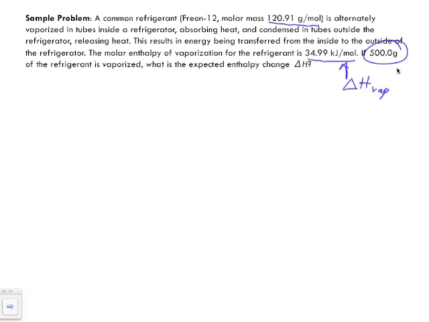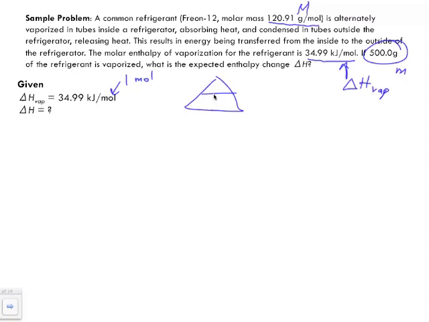So this is our mass. So we've got our mass, we've got our molar mass, we've got this of the vaporization, but remember this here, and let me just write out our givens, this 34.99 kilojoules per mole, we're only referring to 1 mole. Okay, 1 mole of this refrigerant. So what we need to do is, we are being given 500 grams with this. So what we're going to do is, now if you look back at your stoichiometry, and we used molar mass, and number of moles, right?